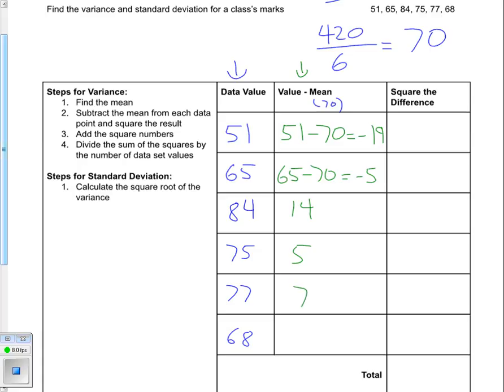And finally, 68 minus 70 leaves negative 2.